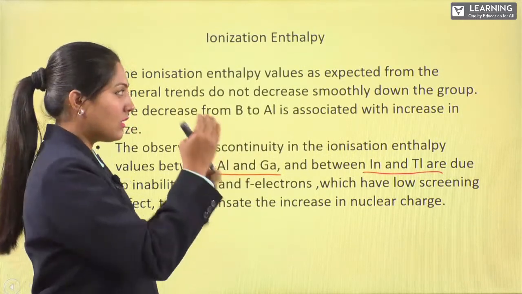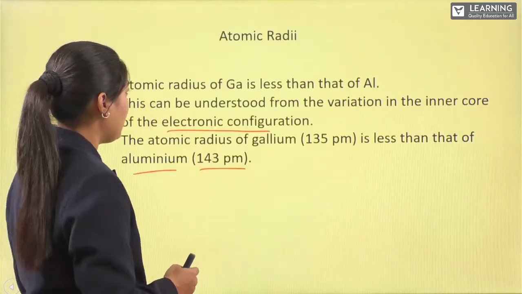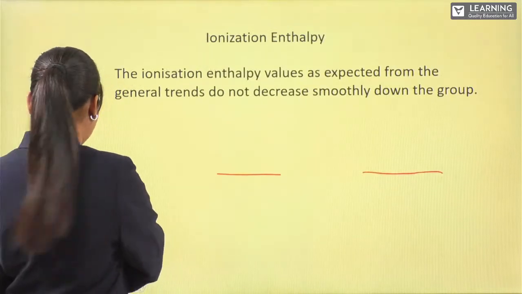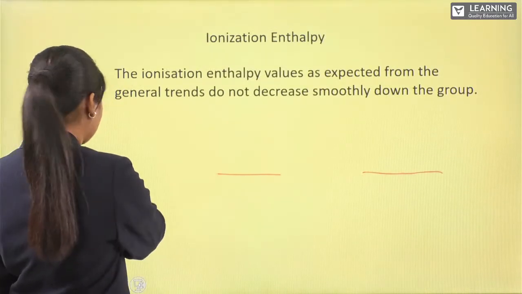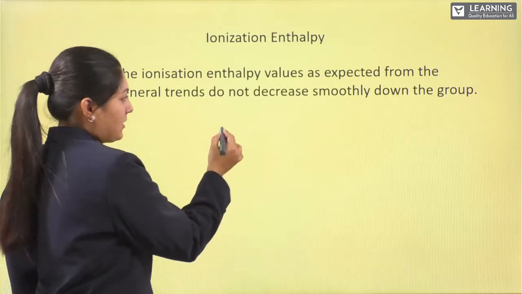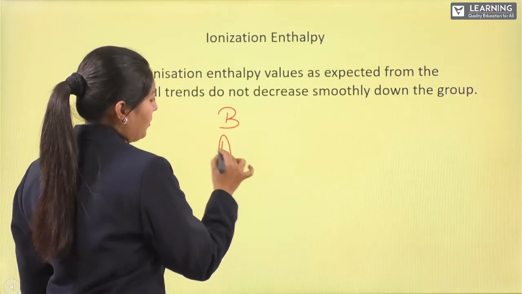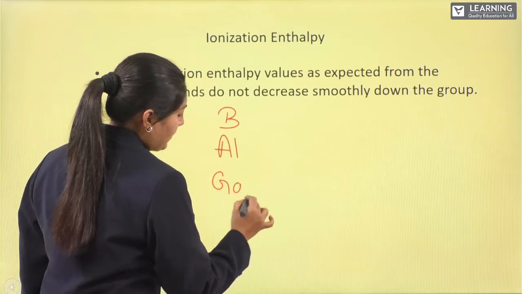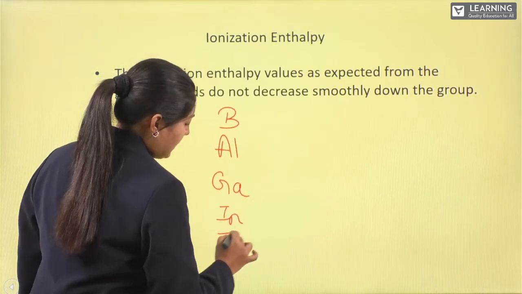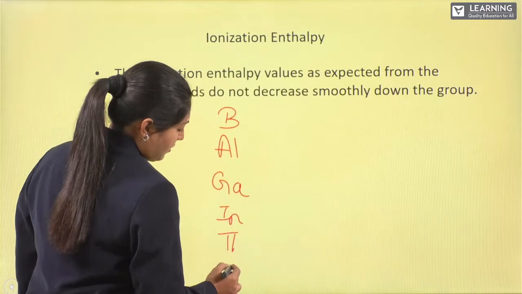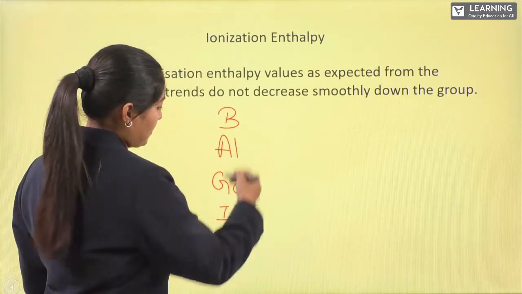As we know the electronic configuration, if I just take this, we have boron, aluminium, gallium, indium, thallium.